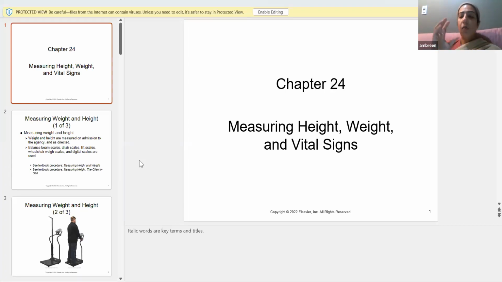According to their height, what the weight should be. The ratio of height and weight is called body mass index. That's when we get to know whether a person is obese, is moderately obese, or over obese. And to check the weight, we prescribe medications according to the weight of the client, weight of the patient.